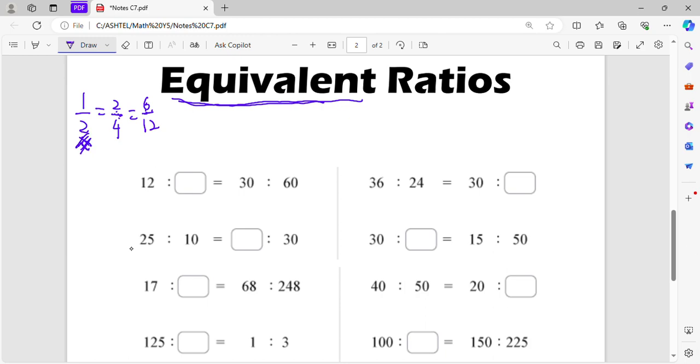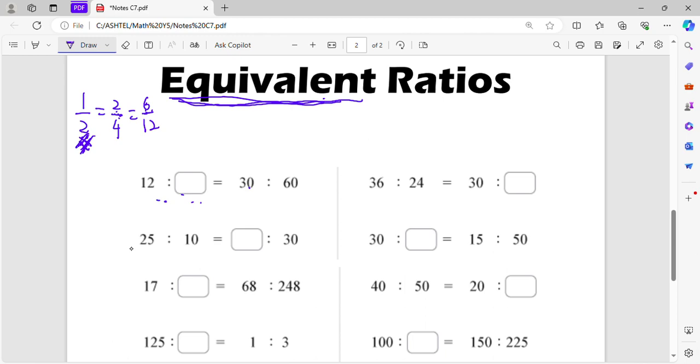So this is what we call equivalent ratios, where your final simplest ratio is the same. Same thing for equivalent ratios, where you will get the same simplest ratio between each other.